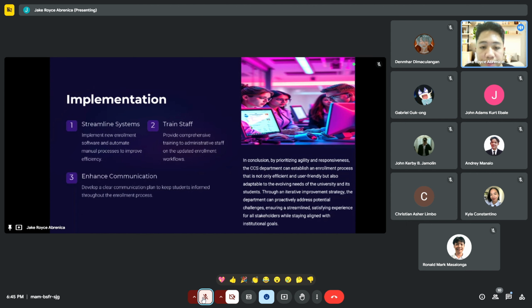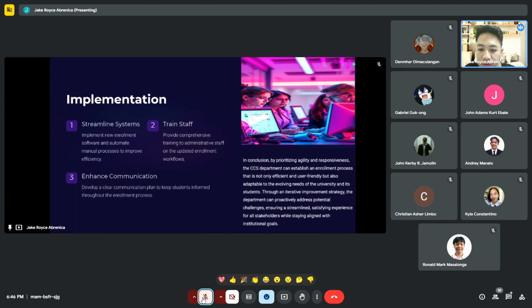First, streamlined systems: implement the new enrollment software and automate manual processes to improve efficiency. Second, train staff: provide comprehensive training to administrative staff on the updated enrollment workflows. And third, enhanced communication: develop a clear communication plan to keep students informed through the enrollment process.